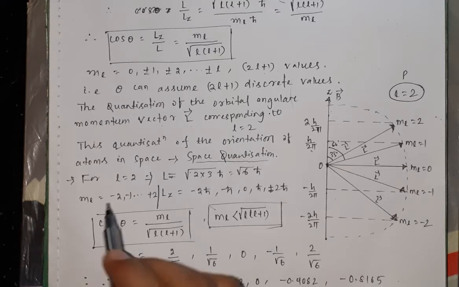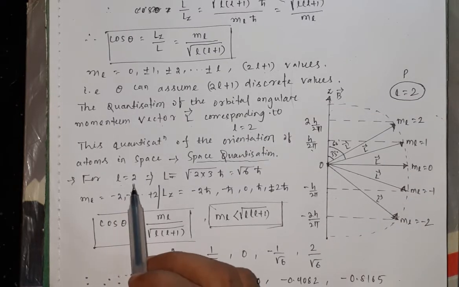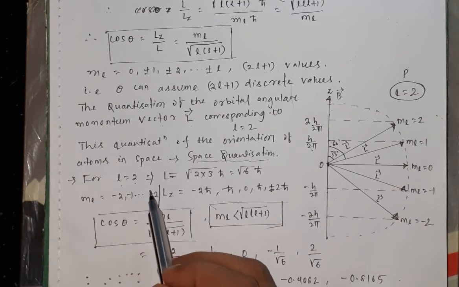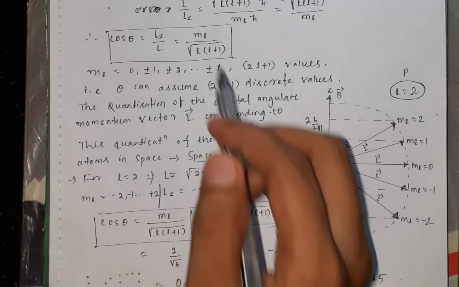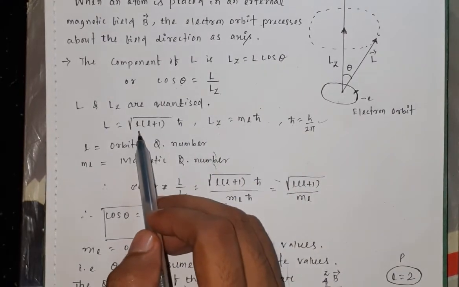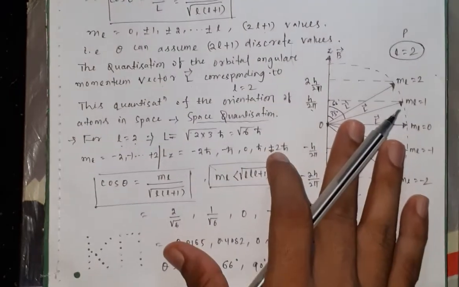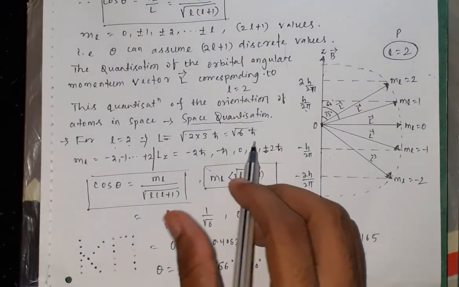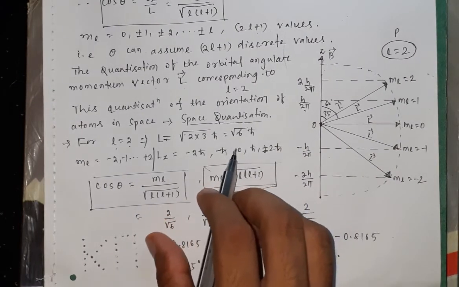Mathematically, for l equals 2 we can put the value of L. L equals root over l into l plus 1, so putting this we get L equals root 6 h cross.